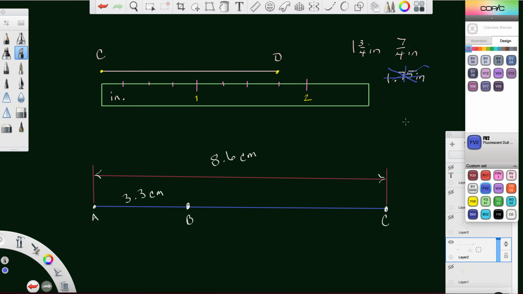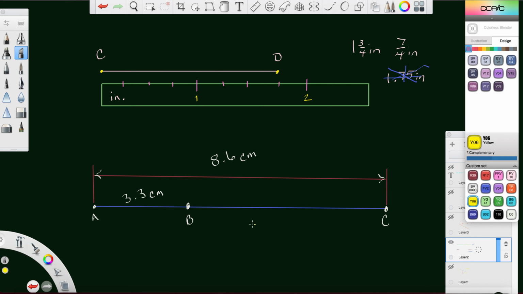The next question is, find the measure of BC. If the total length is 8 6/10 centimeters and A to B is 3 3/10 centimeters, all you have to do is subtract this segment from the whole, right? So I'll go ahead and write it.